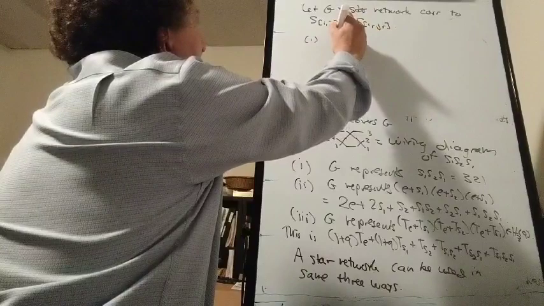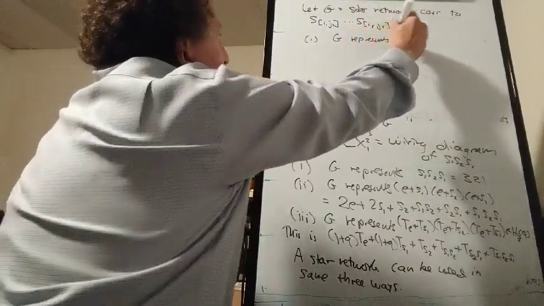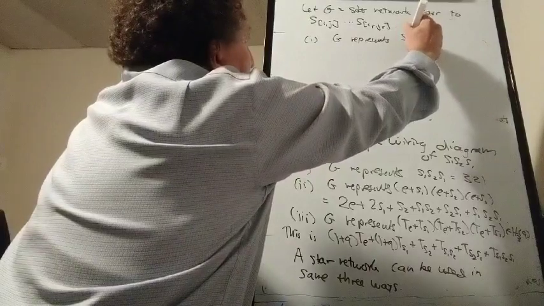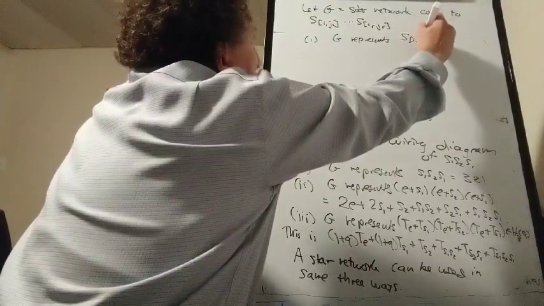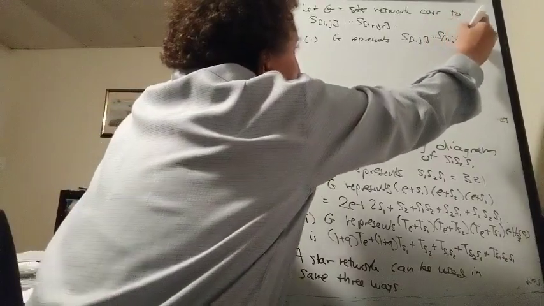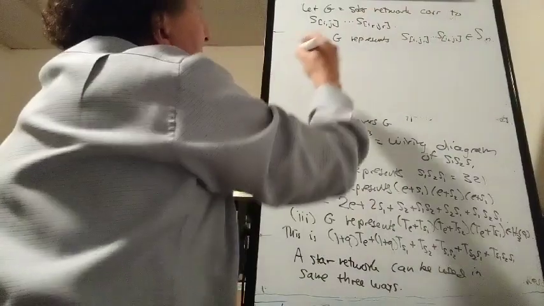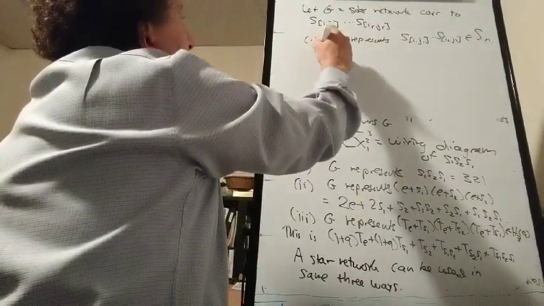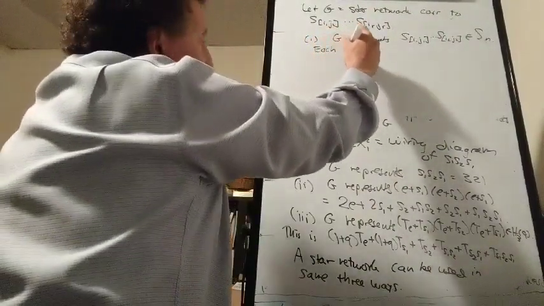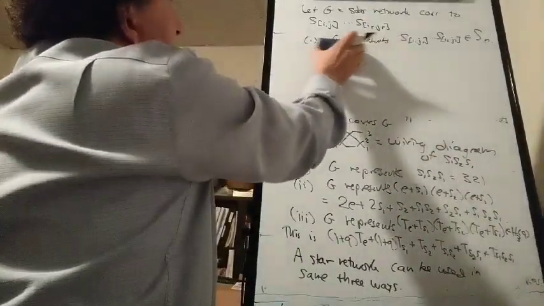So first of all, G can represent just the product S sub I1J1 through S sub IRJR in the symmetric group. And to do this, we cover it with one path family.